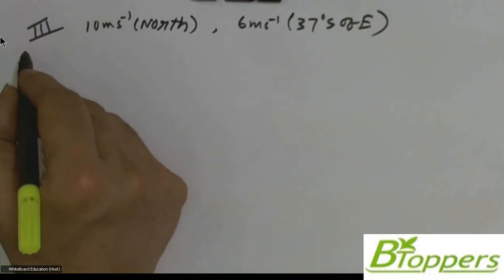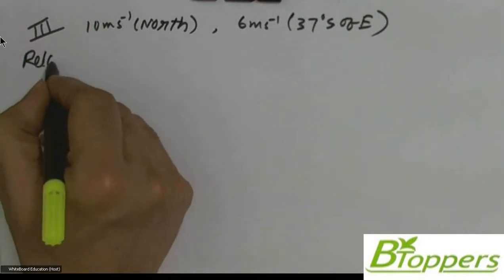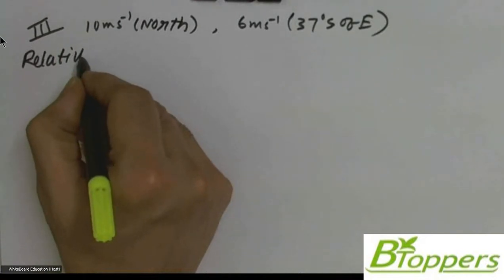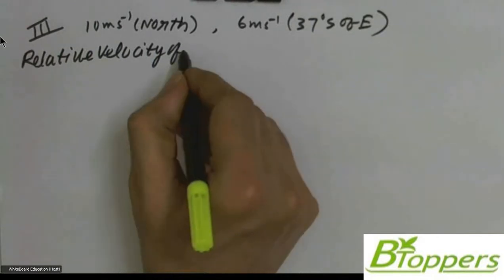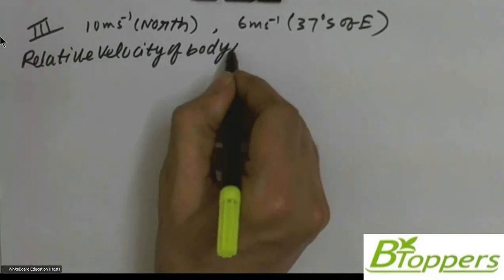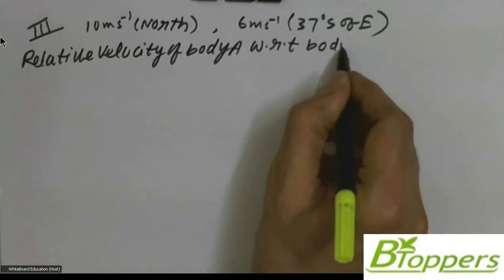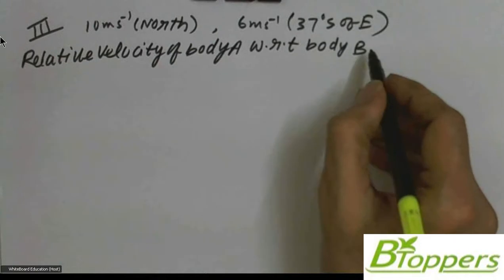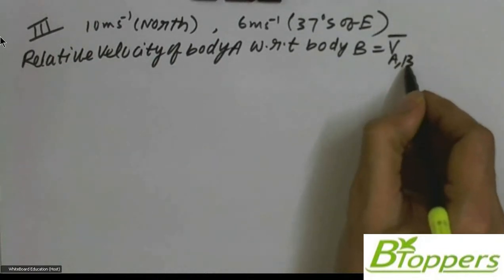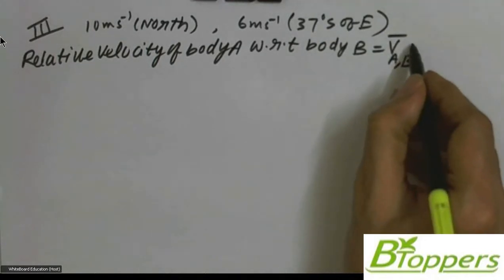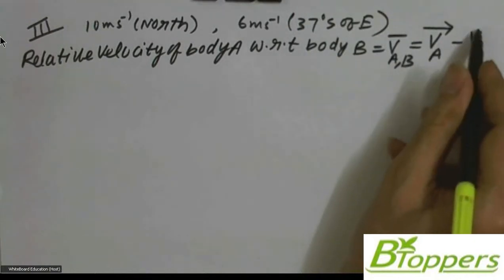Now here you see, relative velocity of the body A with respect to the body B is denoted by V bar subscript A comma B. That you can write as VA bar minus VB bar.